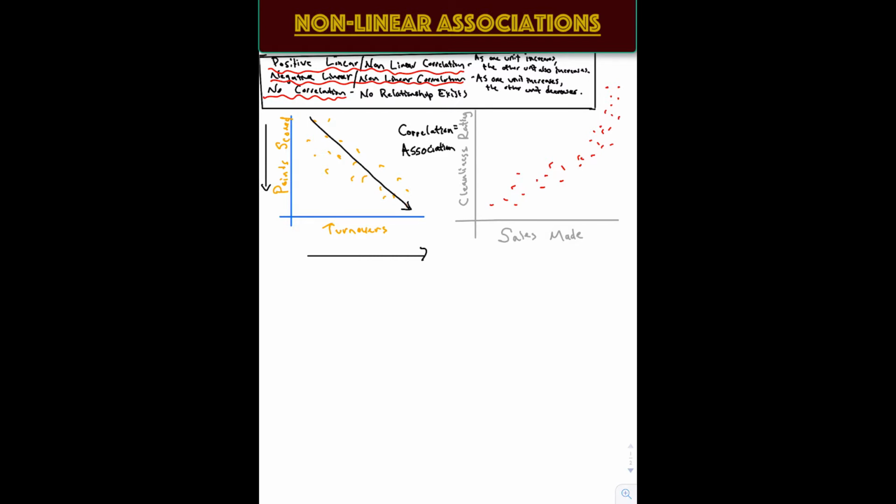In this case, because one unit is increasing, and it is turnovers, so as turnovers increase, points scored decrease. This means that I have a negative correlation, and because I am able to draw a straight line that has a slope, it is a negative linear correlation.